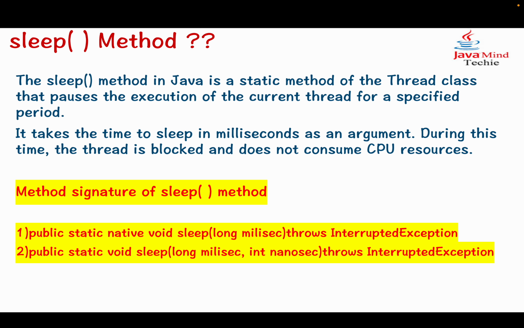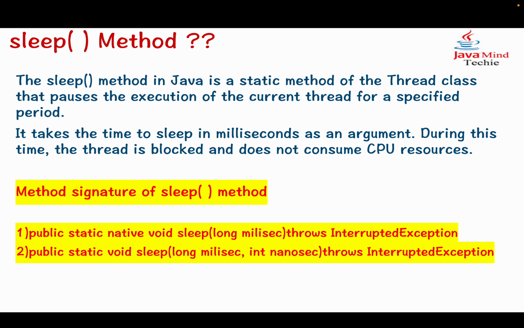The first method expects only one argument, which means how much time the thread should sleep. In the second method, you need to pass two arguments, long milliseconds and int nanoseconds.